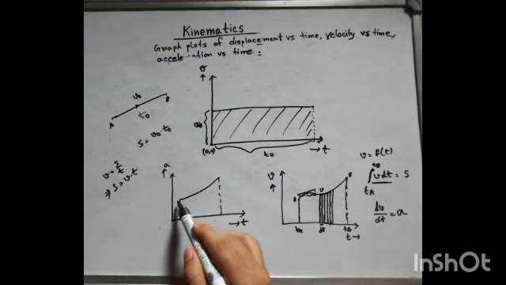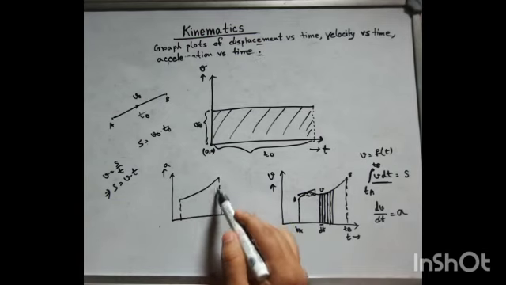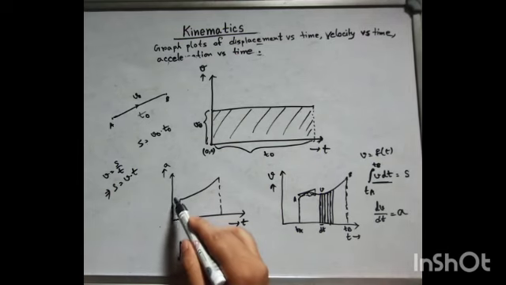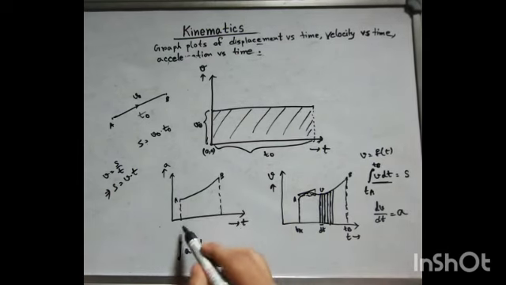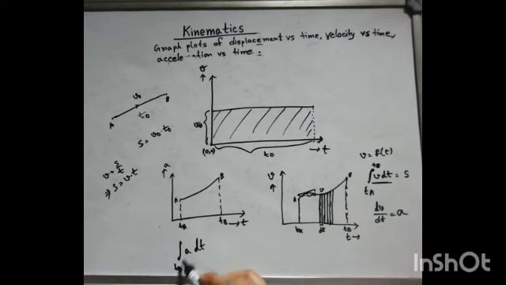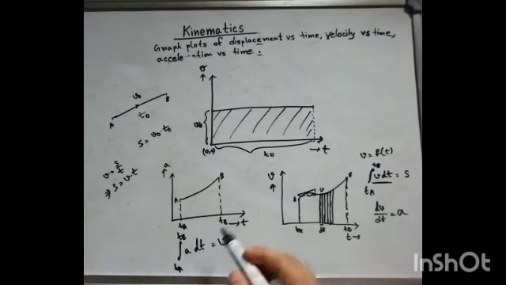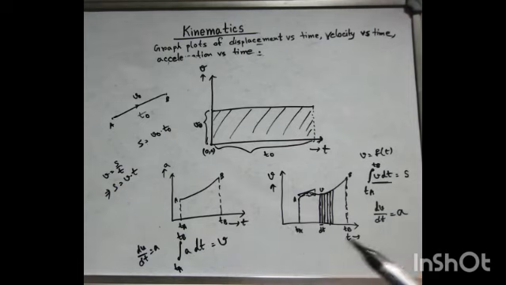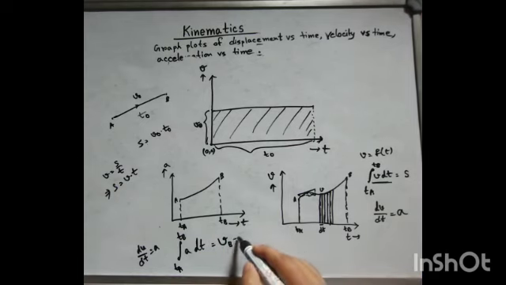In this graph, if you find the area under this curve, integration a dt from ta to tb, what will you get? You will get the velocity. Because we know dv/dt equal to a, integration a dt gives you v, so it will give you vb minus va.